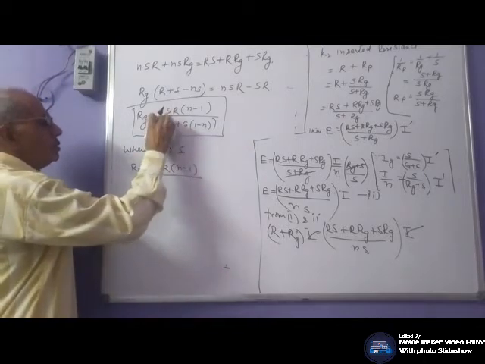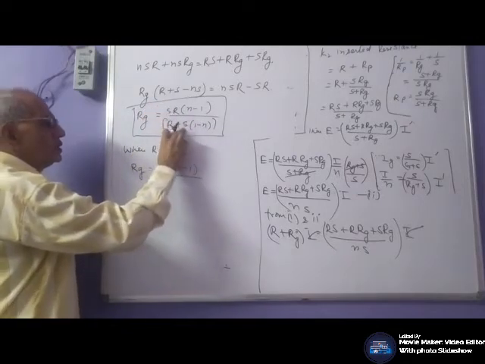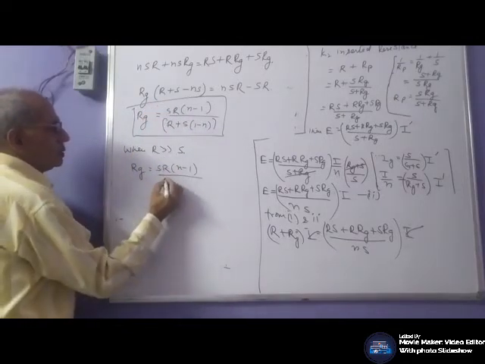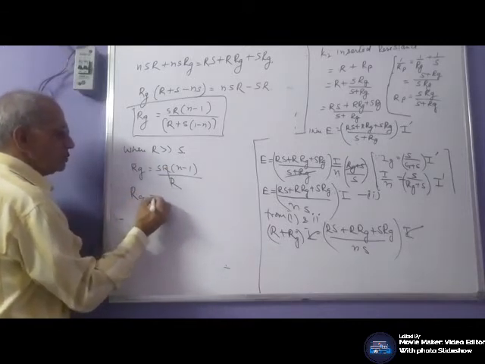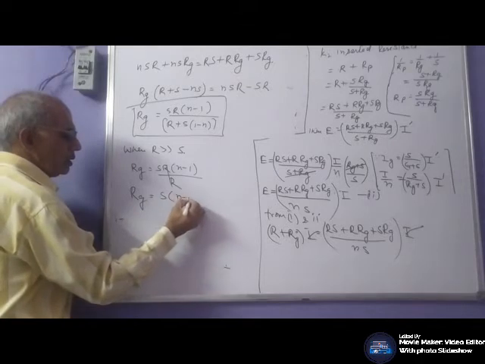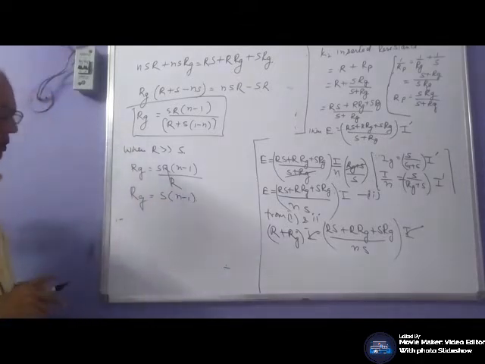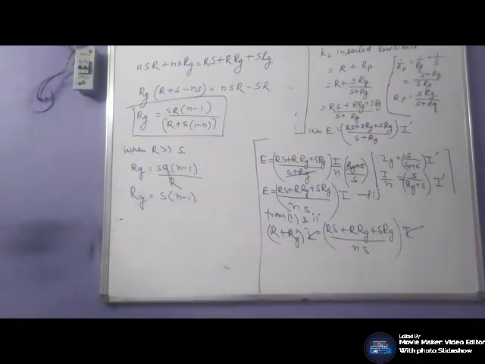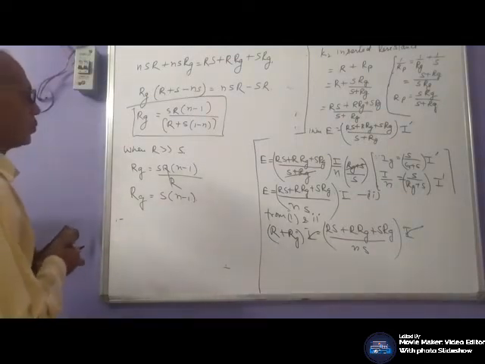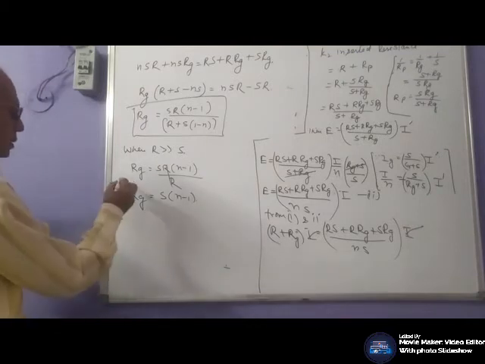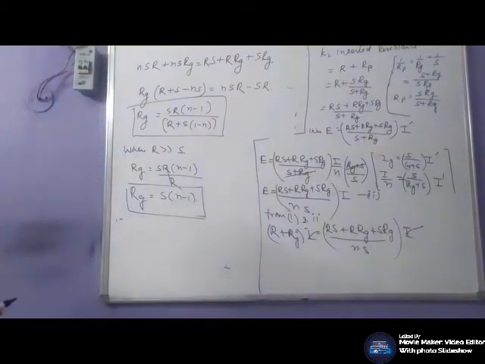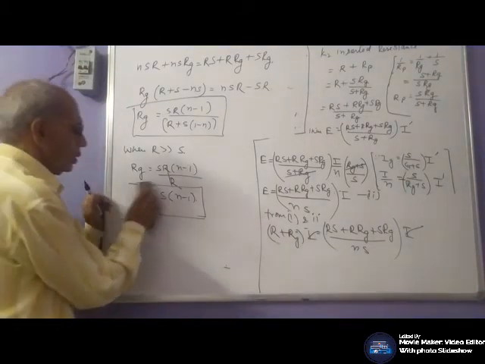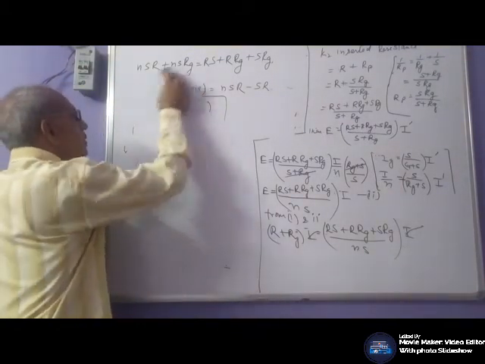This is 0. So Rg becomes S n minus 1. So this is the resistance of the galvanometer.